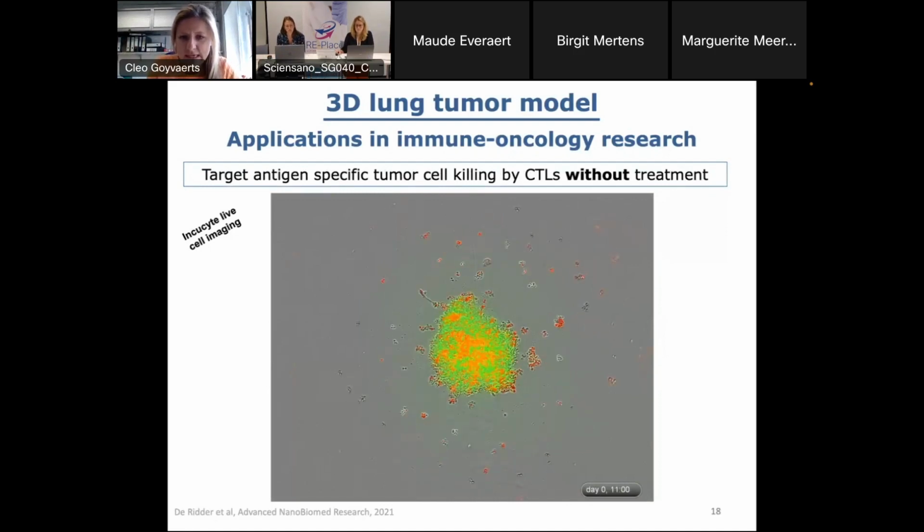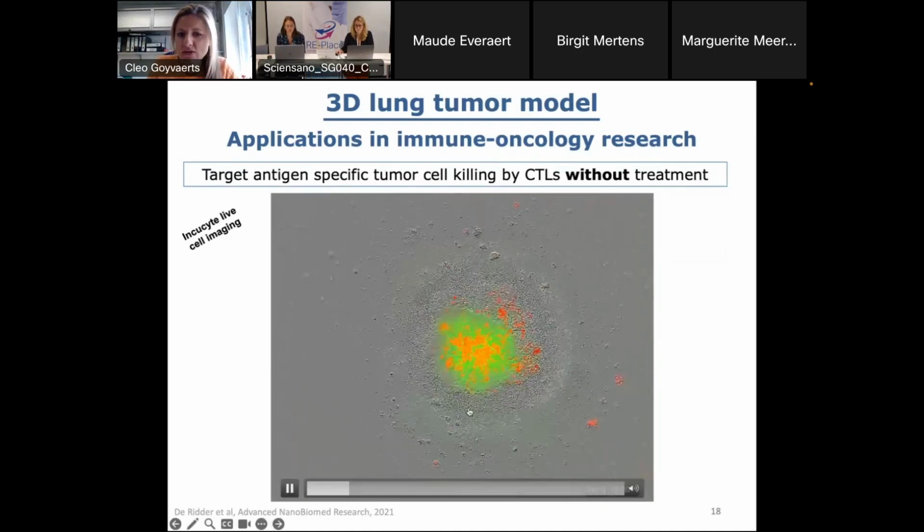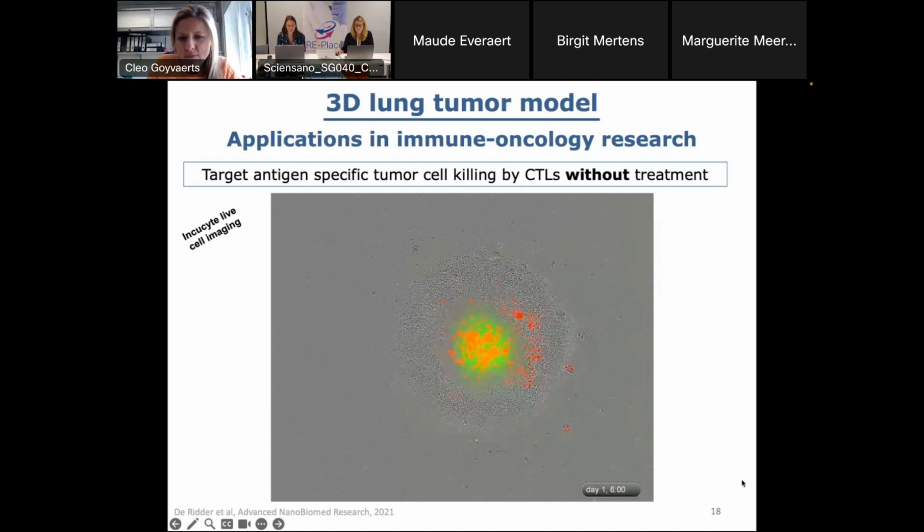And as you can see, this is when the T cells are added to the culture. I want to ask you to look at the image, but also at the timetable below, which shows you that we're following up these spheroids over a number of days. At day 3, we're here now, and you can appreciate that most tumor cells, the green target cells, died.